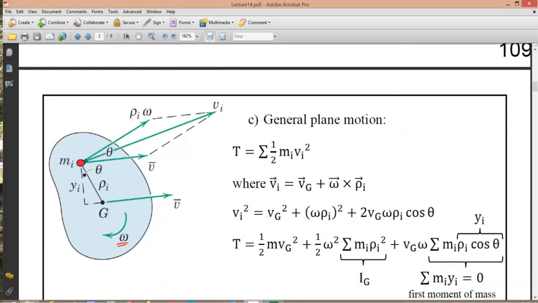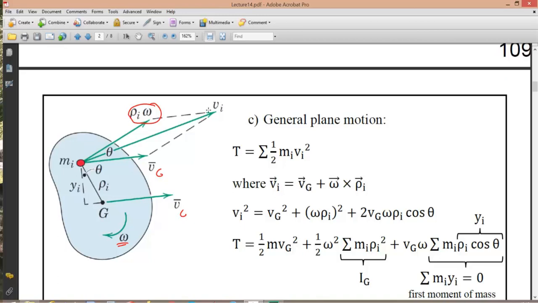And we can write out the velocity of a discrete particle Vi. It's going to be composed of the rigid body's mass center's velocity. This is Vg, mass center's velocity. And also due to the rotation of this rigid body, rho i times omega, and rho i is defined as this radius from the mass center to the discrete particle i.